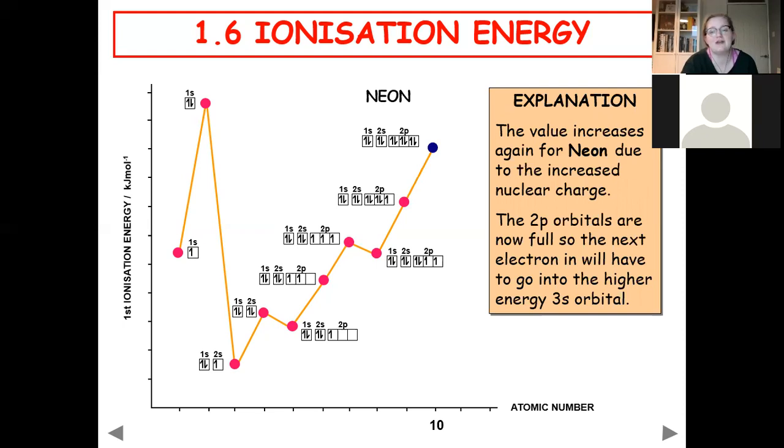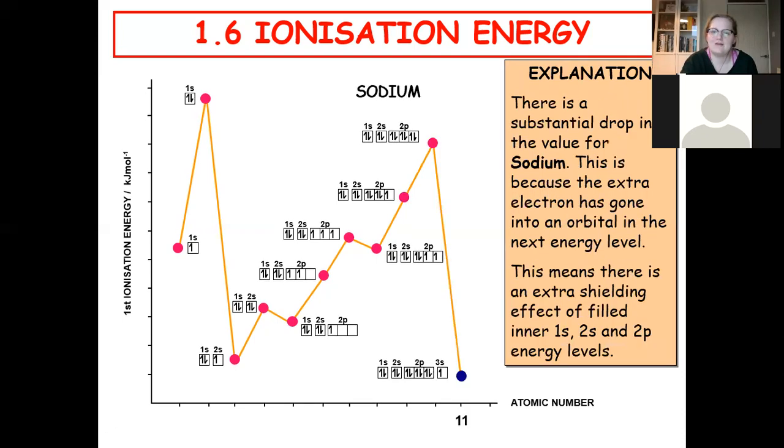Our 2p orbitals are now full, so the next electron will have to go into a higher energy 3s orbital. Because it's got to go into the high energy 3s orbital, we drop down again. Okay, so this is our lowest ionisation energy so far, and this is because the extra electron has gone into a different orbital, and it's an orbital in the next energy level.